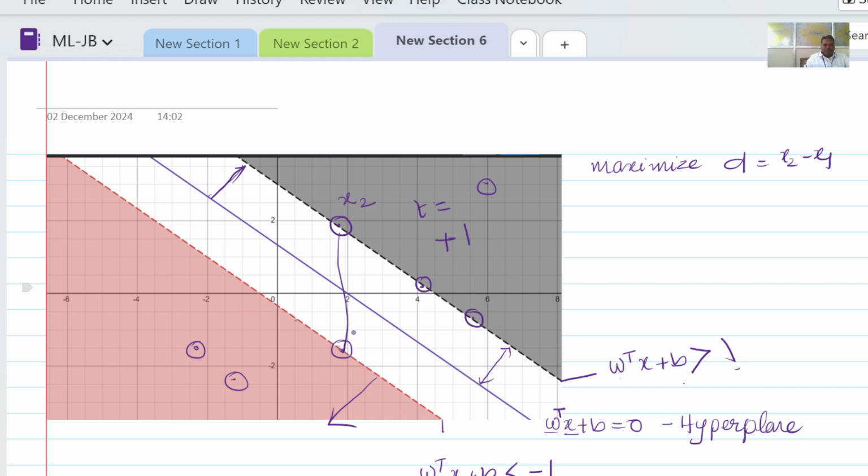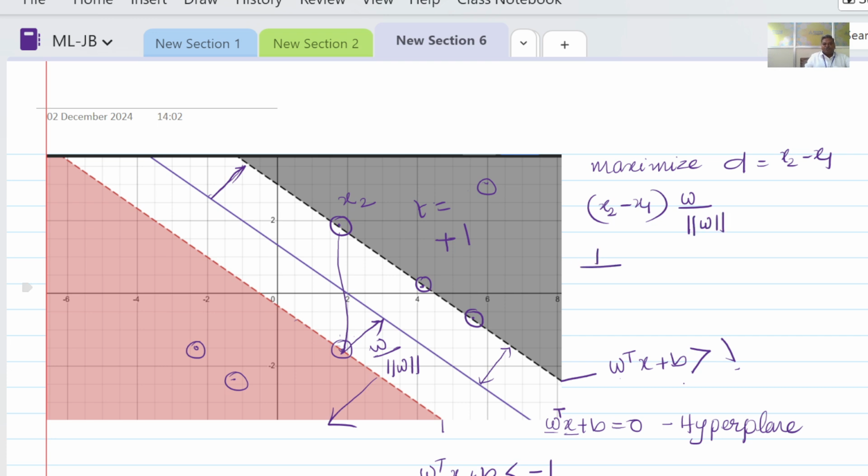So what we can do is calculate this distance and project it onto the vector w. To make it a unit vector, we divide w by its magnitude. So we get x2 minus x1 into w by magnitude of w.